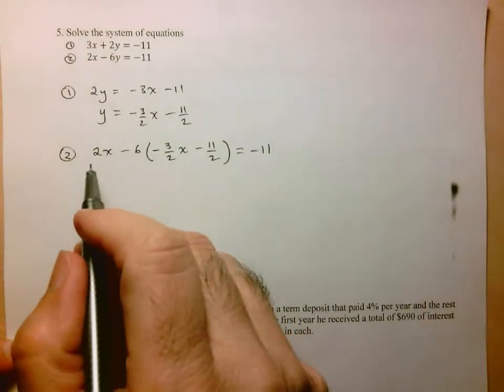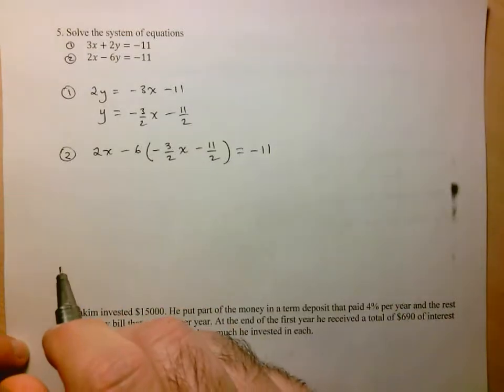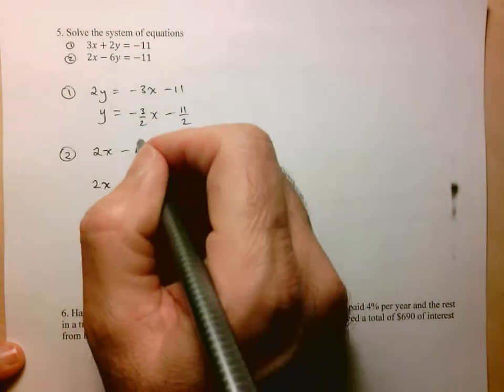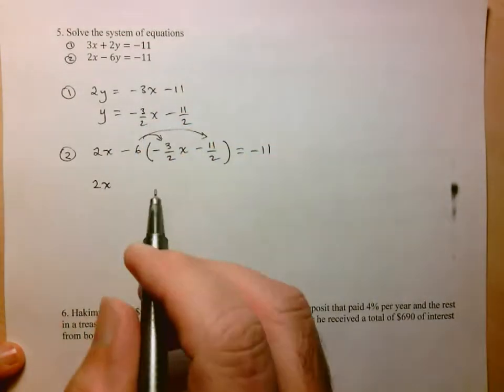Now I have one equation with one unknown that I can solve. So 2x, and here let me distribute the 6 to both terms.